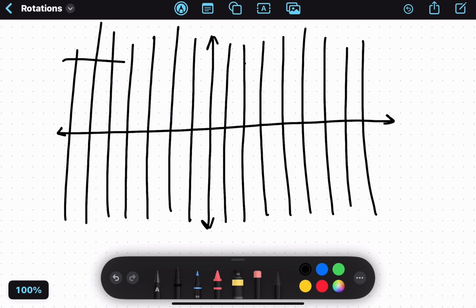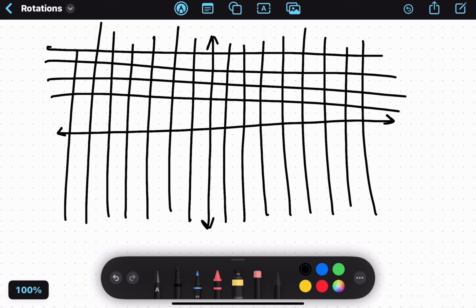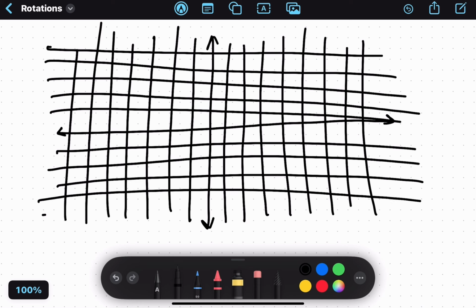Good enough. And now, just so the axes stand out, I'm just going to highlight those in blue.